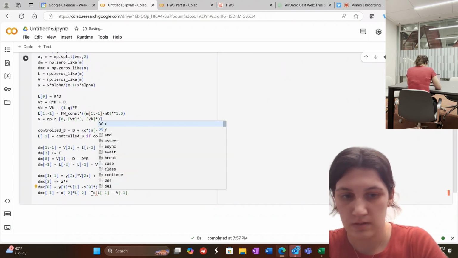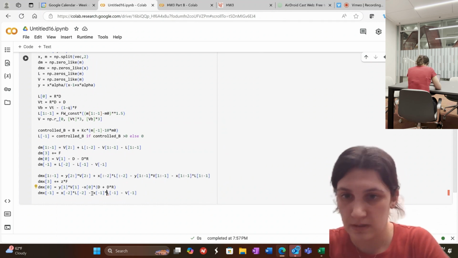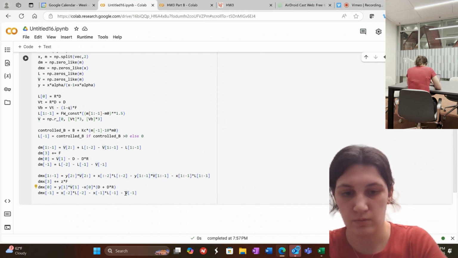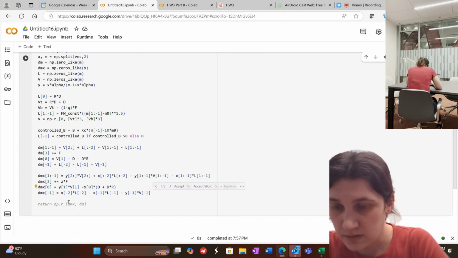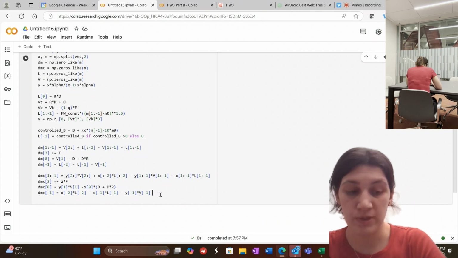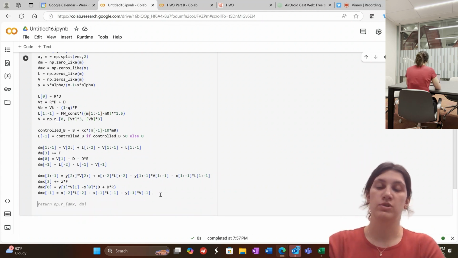x1 and y1. Now we can solve for dx, which is what we actually want.